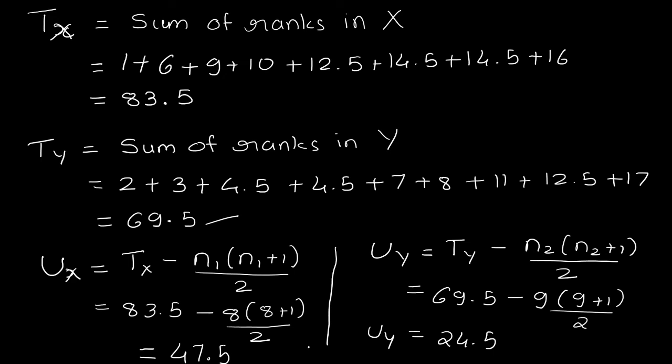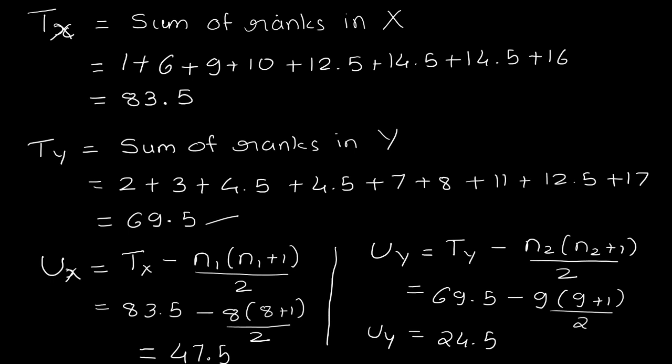Okay, so now you have calculated Ux, you have calculated Uy. Now what you will do is you will consider U as the minimum of Ux and Uy. That is what you will check for, the smallest number of Uy and Ux.